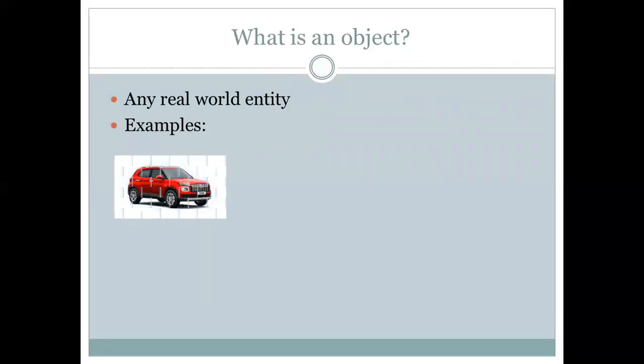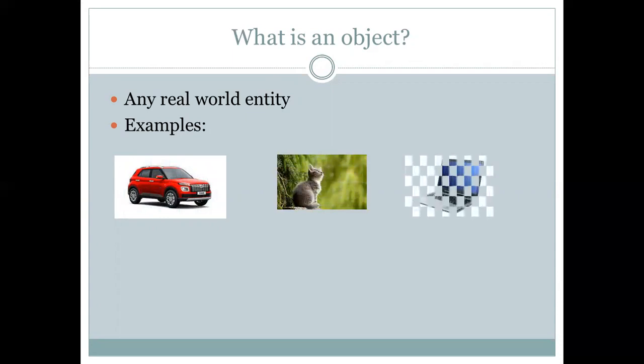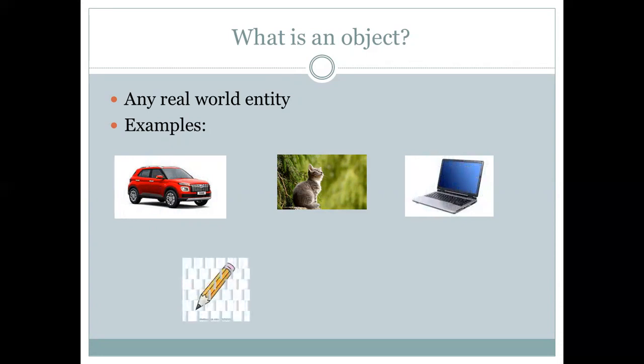A car is an object. A cat is an object. A laptop is an object. A pencil is an object and a table is an object. Each one of these is a real world entity. Each one we can term as an object.